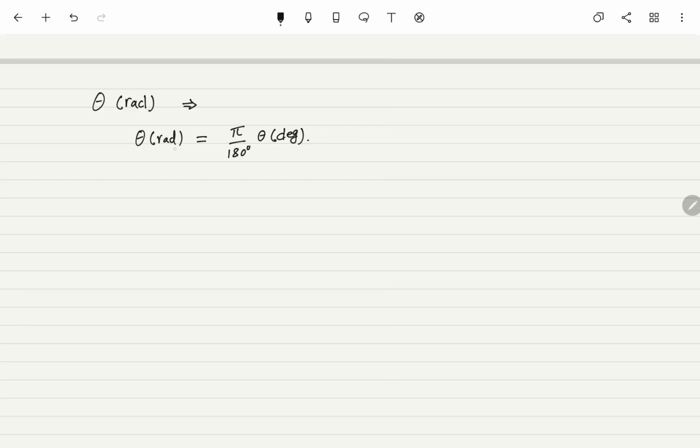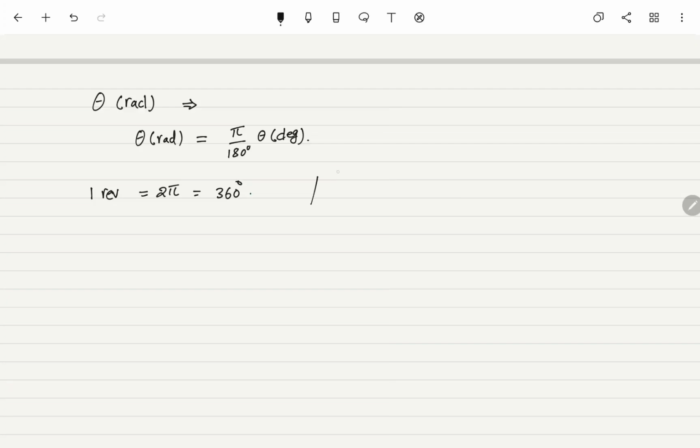Since theta is in radians, the angular speed is measured in radians per second, or other units for angular speed are revolutions per second or revolutions per minute. In such a way, one revolution equals 2 pi, which equals 360 degrees.